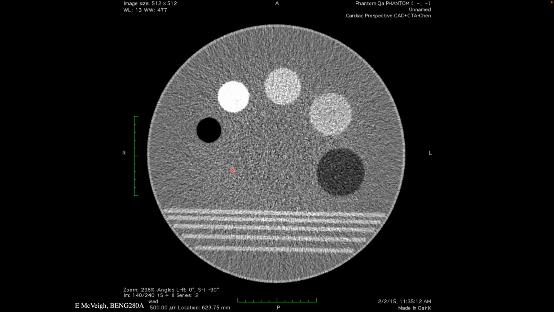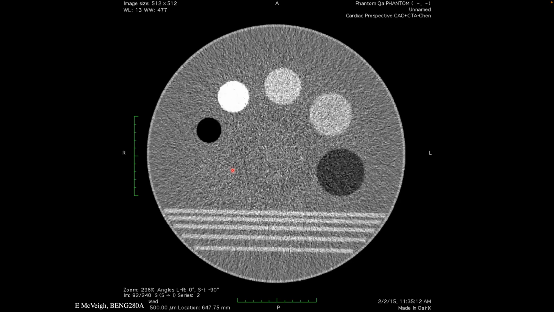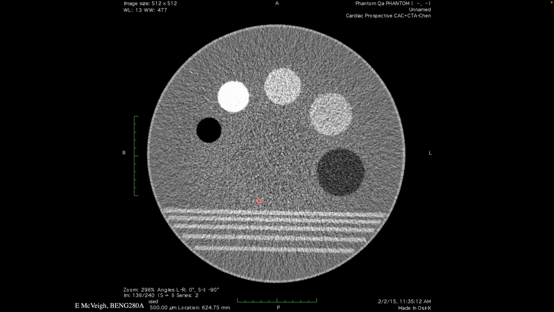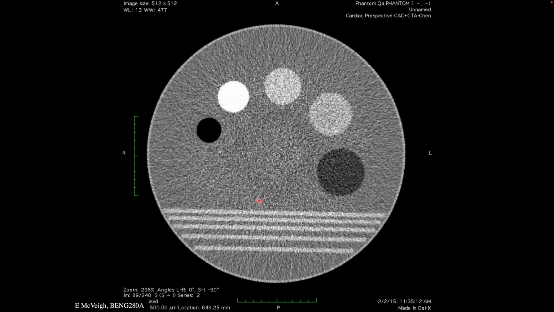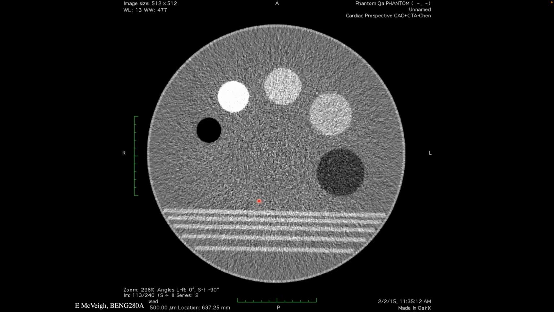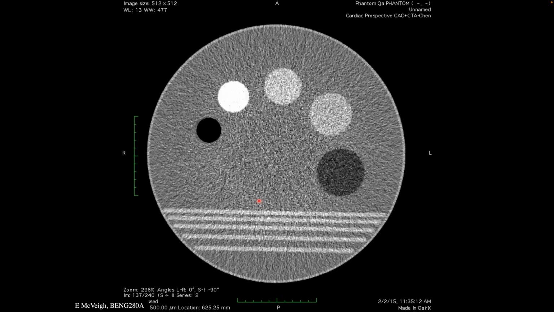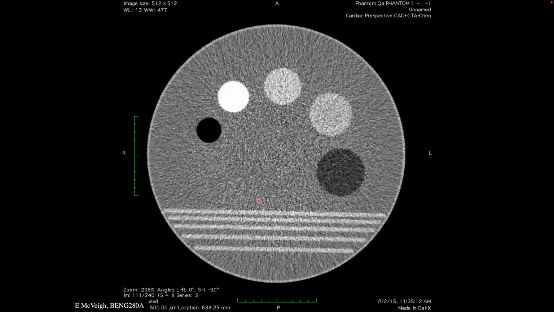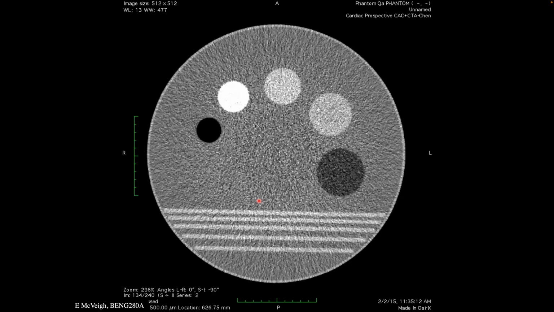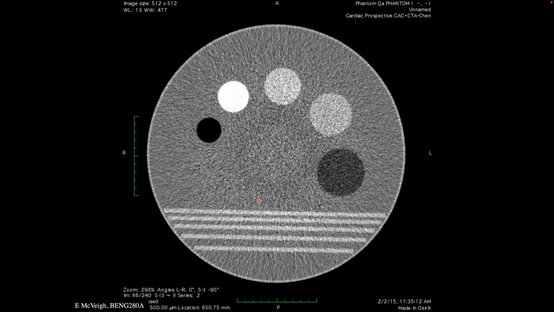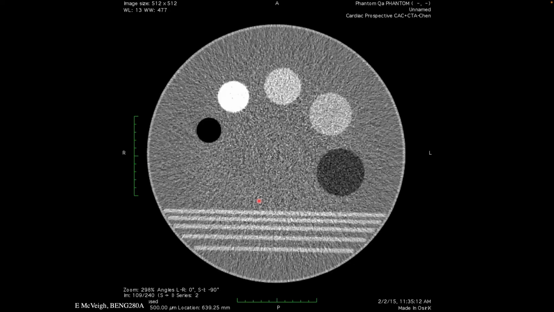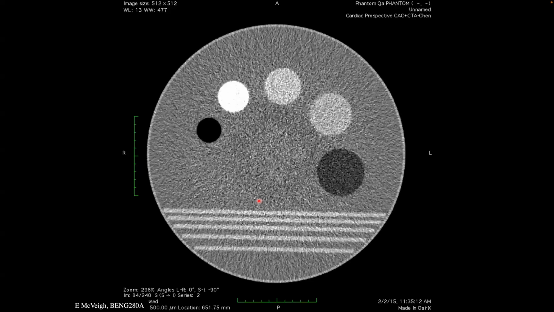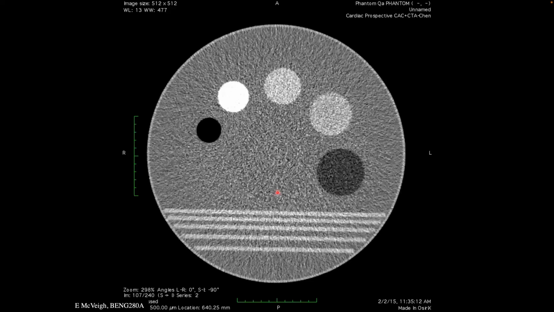But there are a few things that are dead obvious from this picture. The way this was obtained is a bit of a cheat in that this phantom is essentially constant in Z, which is going into the imaging plane here. So we just look at images as a function of Z that are independent from each other, on the assumption that they're replicates of each other in a statistical way, and look at how the noise is changing.